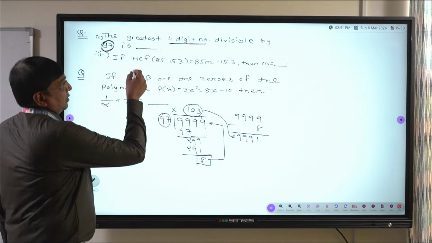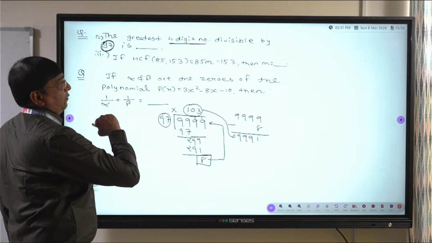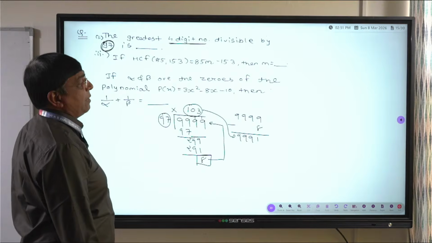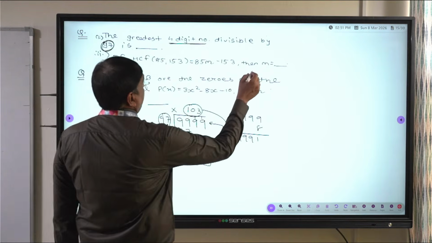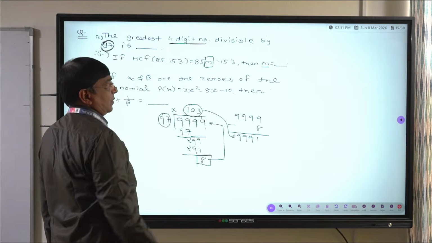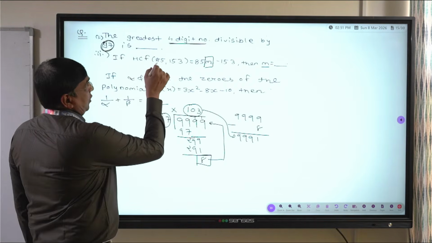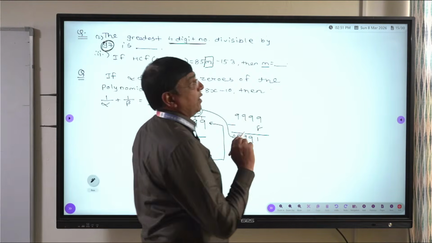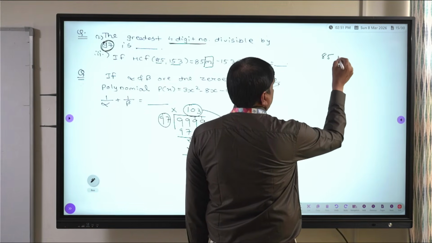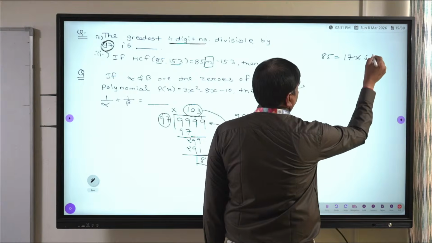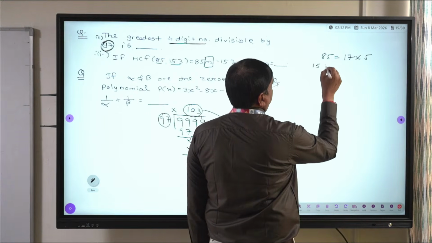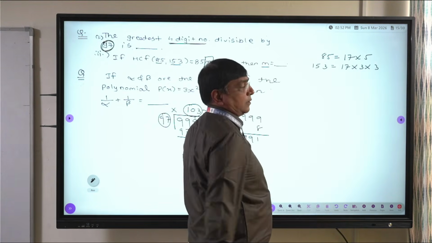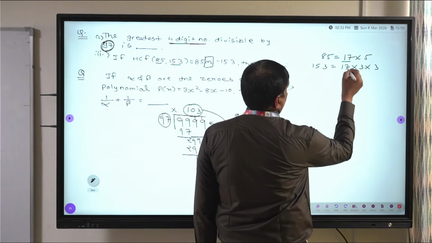Next one. If the HCF of 85 and 153 equals 85m minus 153, find the value of the unknown, that is m. So first of all, HCF of 85 and 153, both numbers are given. You can factorize. Factors of 85: 17 fives are. Factors of 153: 17 nines are. Requirement is HCF, so common from both.